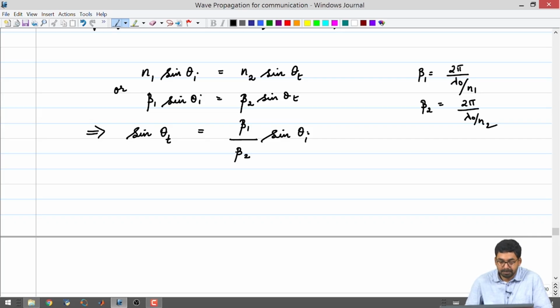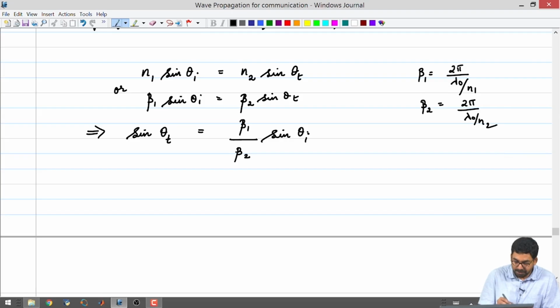Now, is it possible for theta t to be equal to pi by 2, or is it possible for sin theta t to be greater than 1, consequently cos theta t to become imaginary, alright. So, we have to see that particular condition, alright.